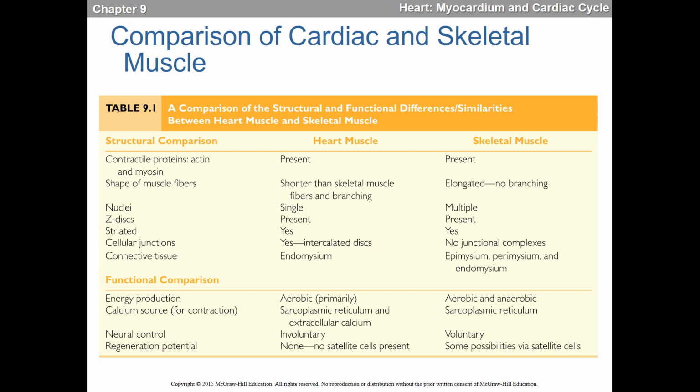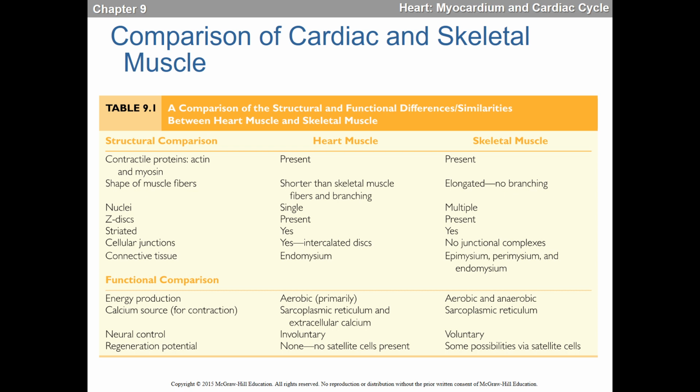Heart muscle and skeletal muscle are fairly similar in many ways, yet pretty different in other ones. So one of the first things is skeletal muscle: we have type 1, 2A, 2X, all that stuff. Heart muscle seems to be relatively uniform, even though the contractile elements are still actin and myosin. The shape is a little bit different.